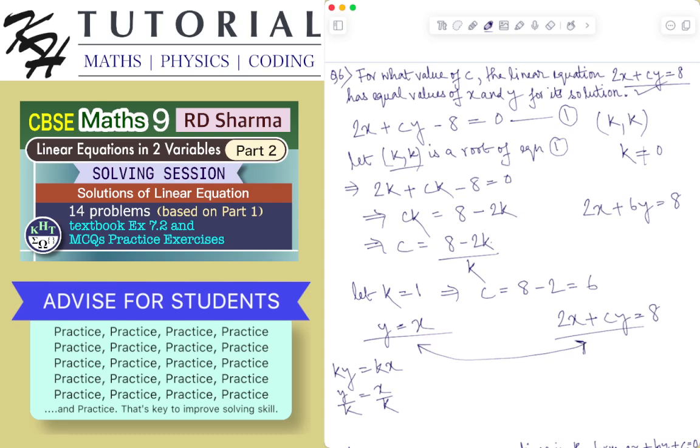Okay. So from here we are getting 2x is equal to 8 minus cy.